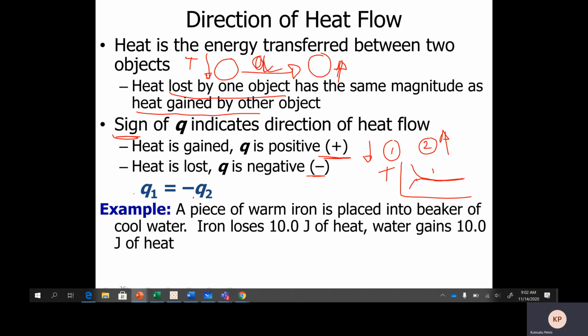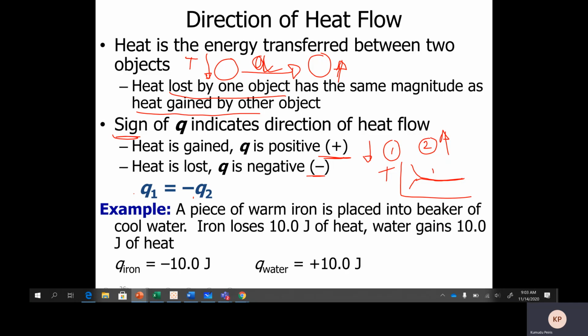So the final temperature for both objects will be the same value. As an example, a piece of warm iron is placed into a beaker of cool water. Iron loses 10.0 joules of heat, and water gains that exact amount of energy, 10.0 joules of heat. So iron is the hot object which loses the energy, and water is the cold compound and it gains that amount of energy.